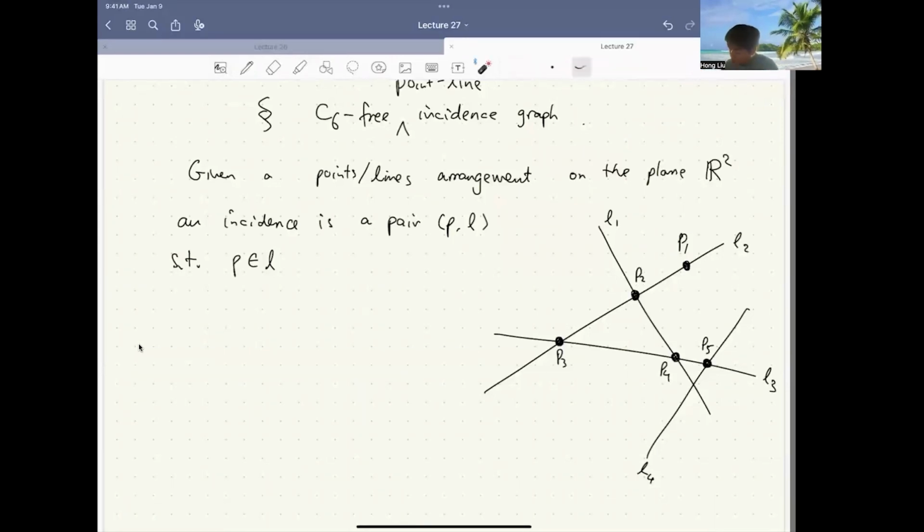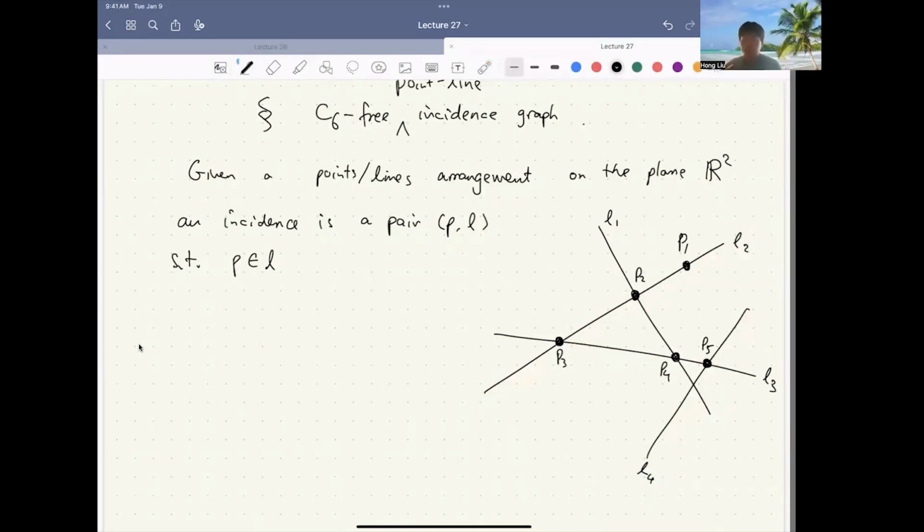So this is an incidence of P3 and L2. This is an incidence of P5 and L4, and so on and so forth. Here's the incidence of P1 and L2. And the number of incidences is the number of such pairs.